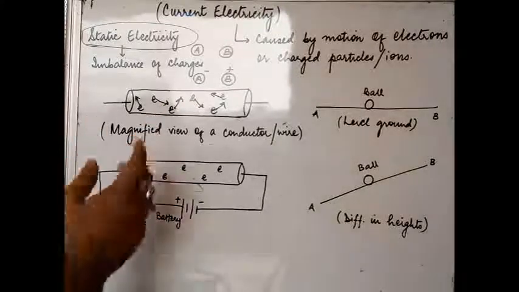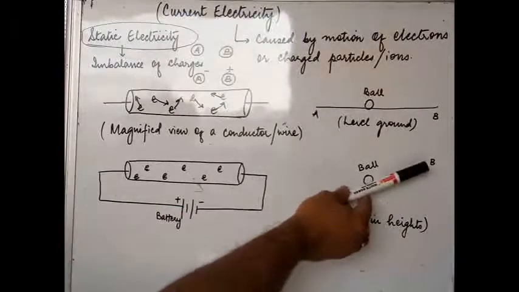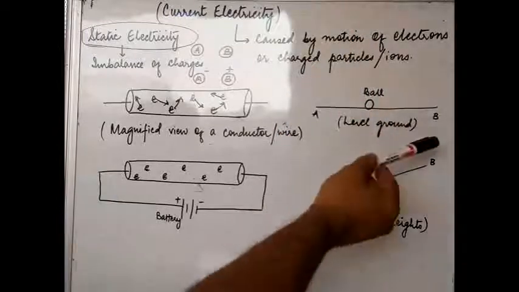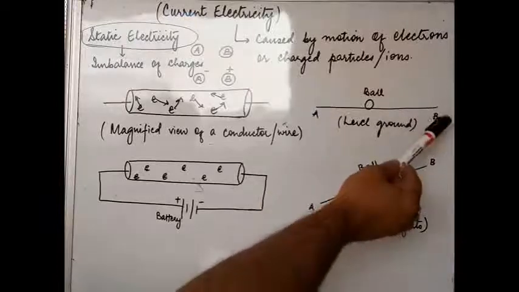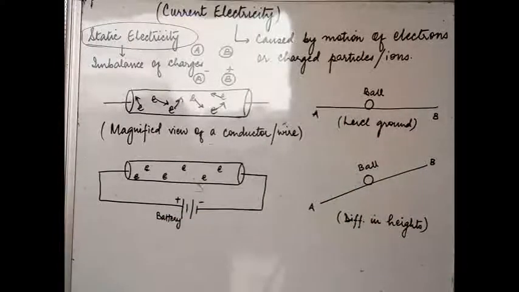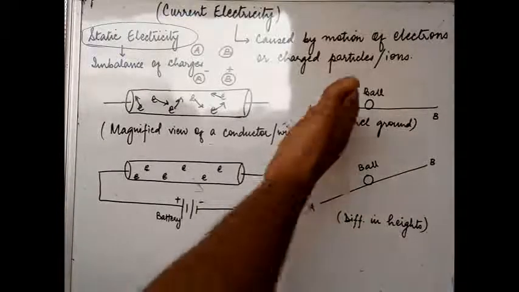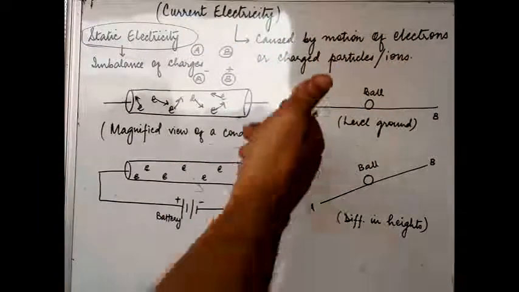Points A and B were at the same horizontal level, therefore the ball was not moving. It can roll to that side, it can roll to this side. There is no particular direction in which you can say that the ball will go.